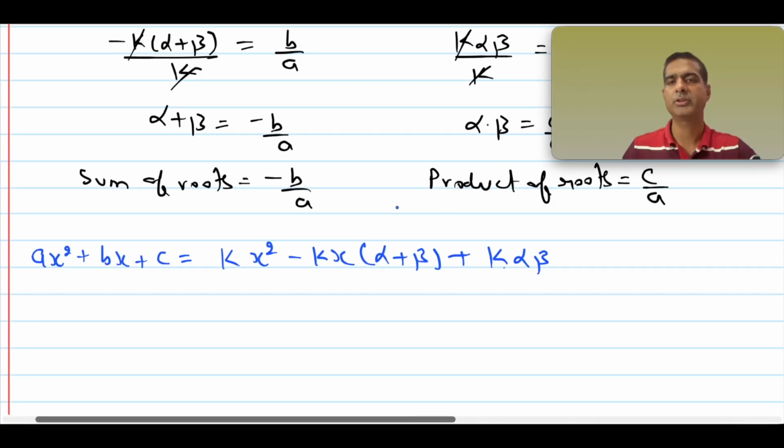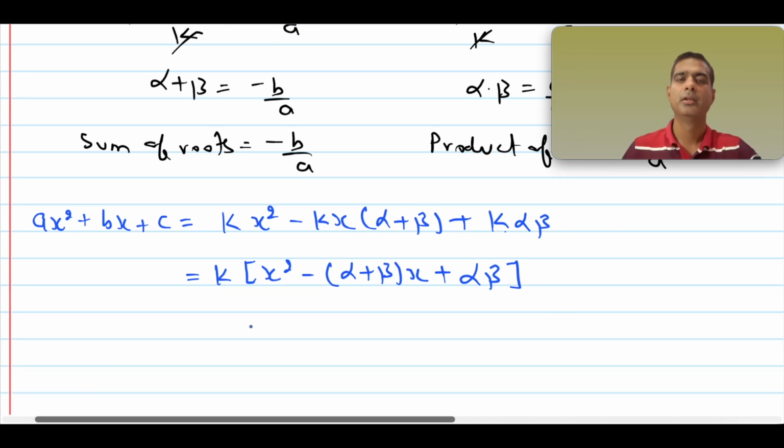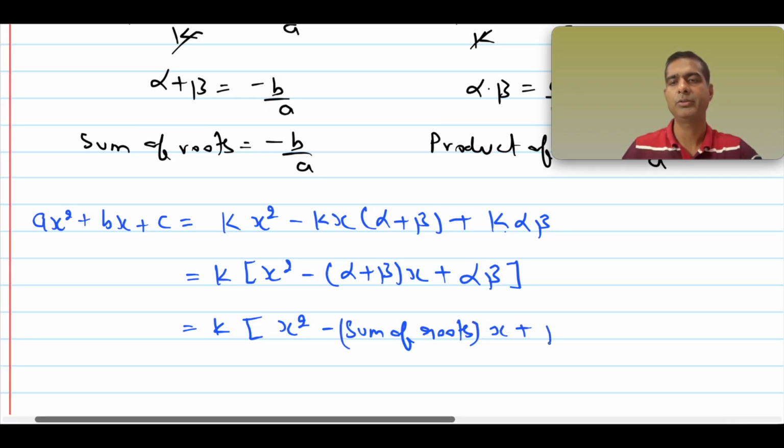This was the equation which we had got in the earlier problem. Now if I take k common, I can write x square minus (alpha plus beta) times x plus alpha beta. So we can write this as k times x square minus sum of roots times x plus alpha into beta, the product of roots.